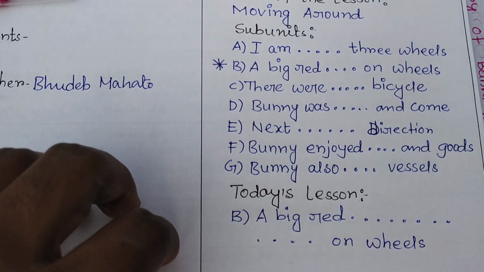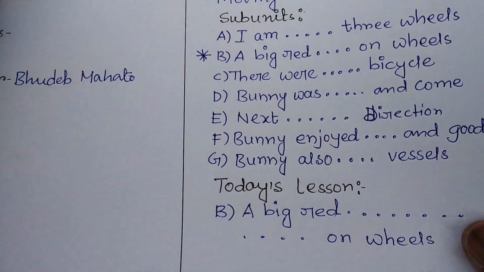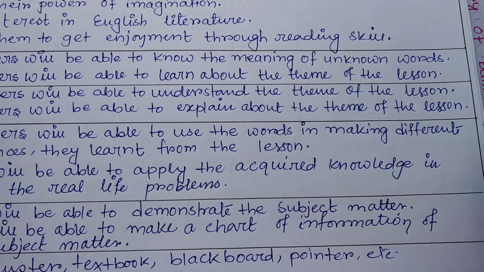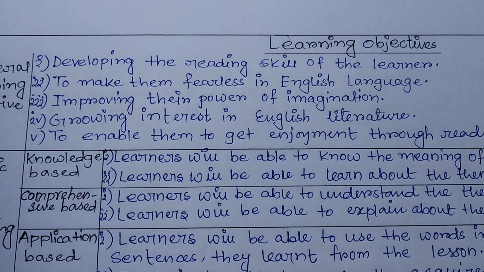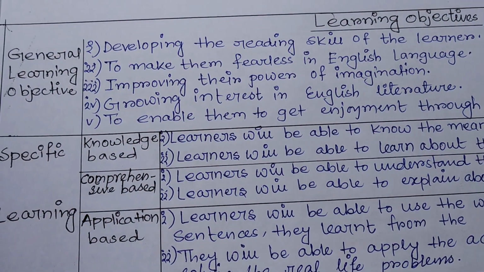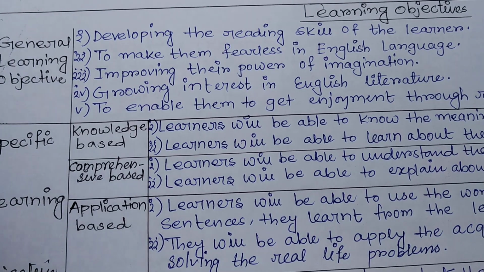Next step, learning objectives. Learning objectives are same to same: general learning objective and specific learning objective. General learning objectives are developing reading skill, fearlessness in the English language, improving imaginative power, and growing interest and enjoyment.